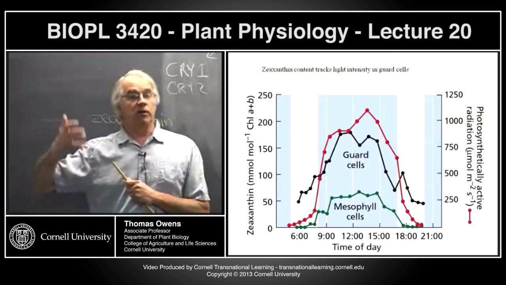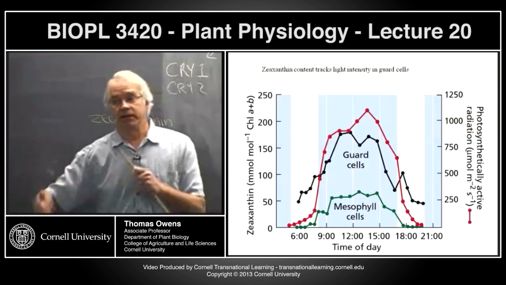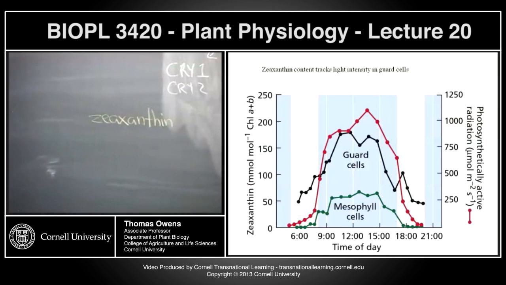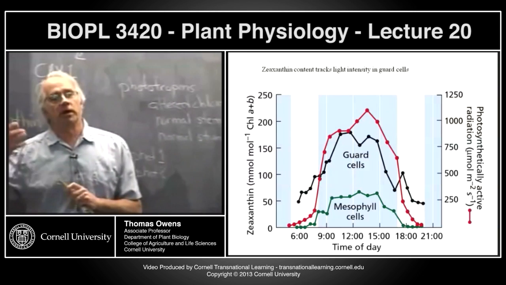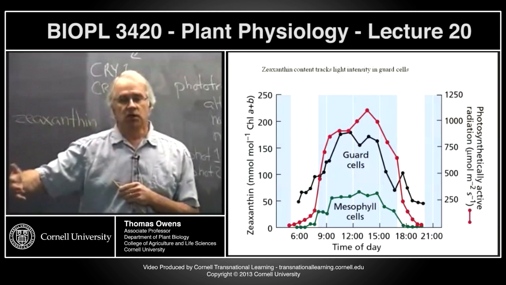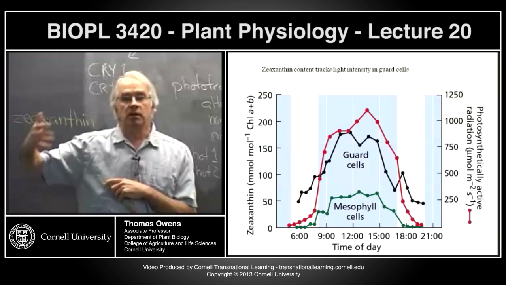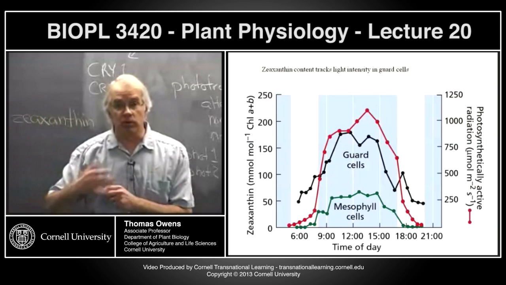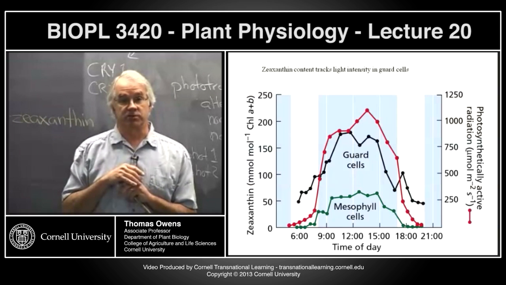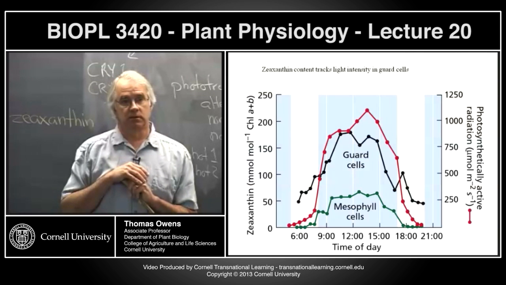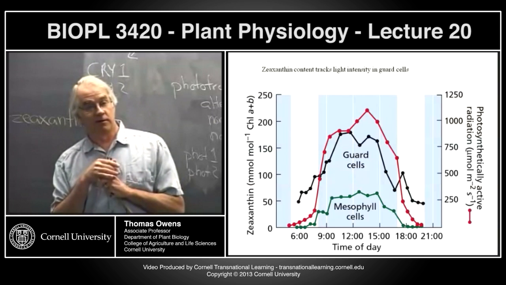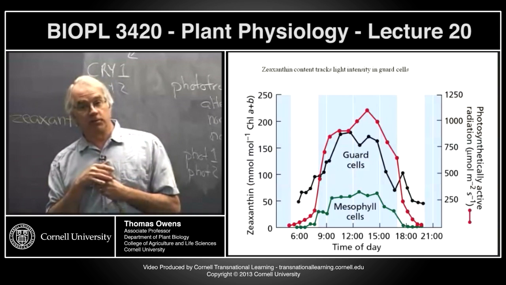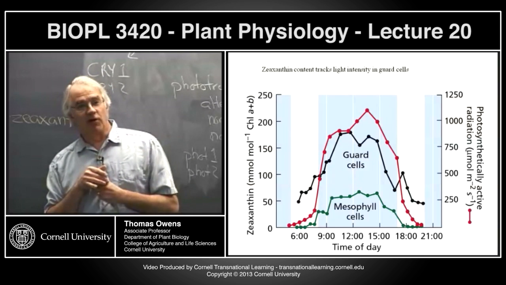So if you were comparing excess light absorption in a mesophyll cell versus a guard cell, which one, for the same light intensity, would you expect to be more susceptible or more prone to excess light absorption? The mesophyll cell or the guard cell? Guard cell, why? Its chloroplasts are different.